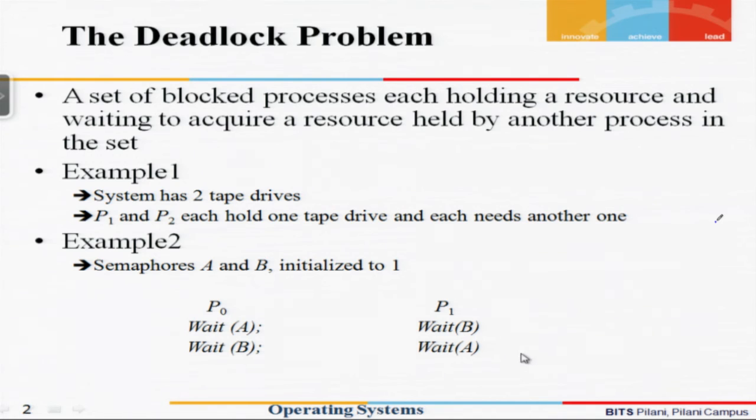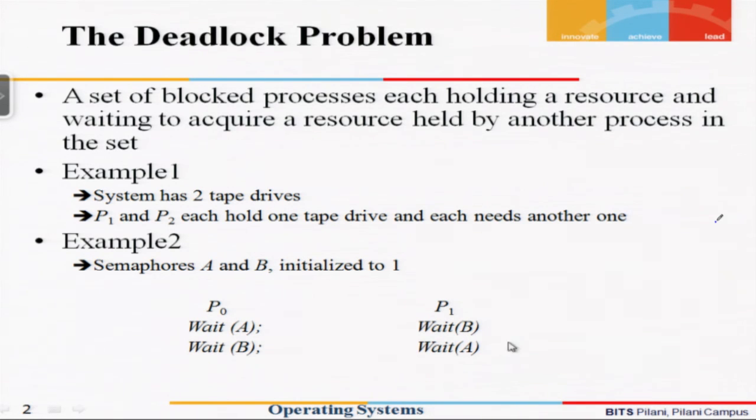Now both the processes are in a blocked state, and process P0 would be waiting for tape B, and process P1 will be waiting for tape A. What has happened? P0 is holding tape A and waiting for tape B, which is held by process P1, and similarly process P1 is holding tape B and is waiting for tape A, which is held by P0.